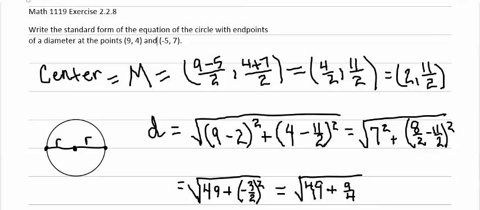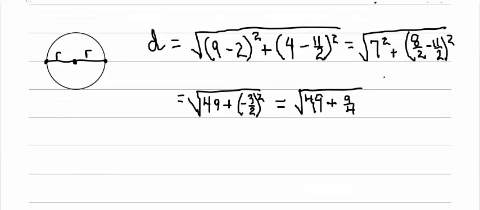In order to add those, I have to write 49 as a fraction whose denominator is 4. So I multiply 49 over 1 times 4 over 4. Now I'll be able to add because these will have a common denominator.